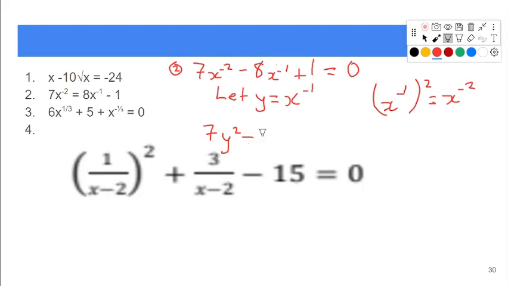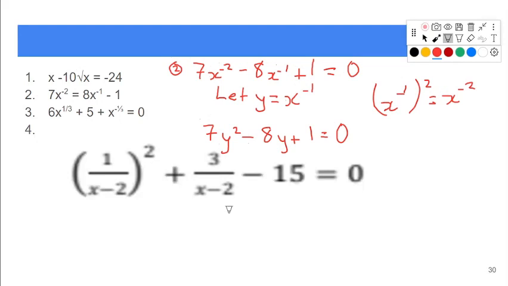So we have 7y squared minus 8y plus 1 is equal to 0. So we need two numbers. When they're added together, we get negative 8. And when they're multiplied, we get 7.